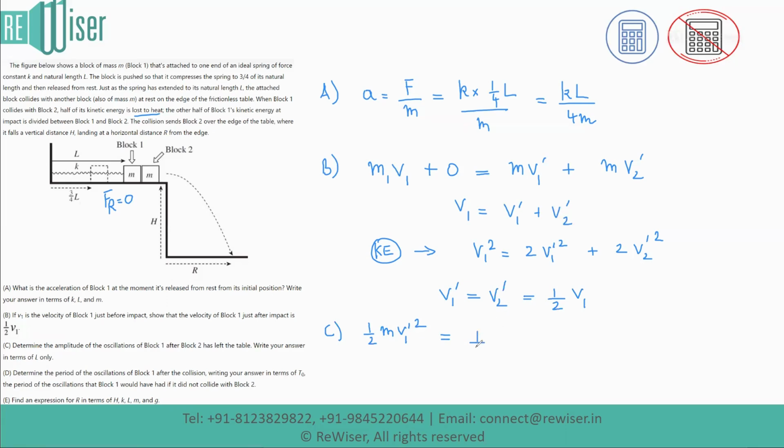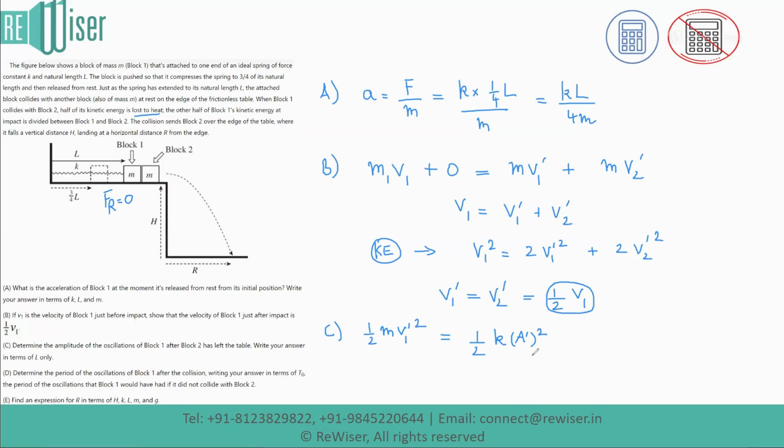is equivalent to half k, times the amplitude squared. Let's assume the amplitude with which it oscillates is A dash, so A dash the whole square. Now, I know that V1 dash can be substituted as half V1.